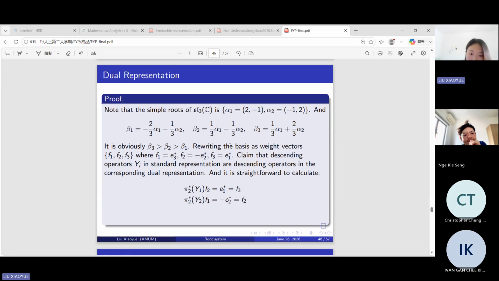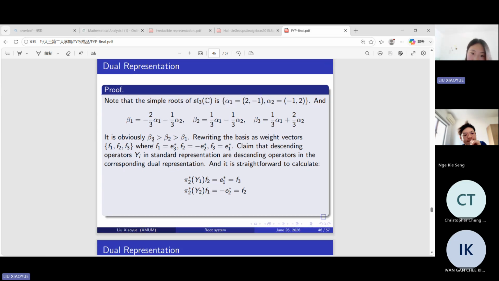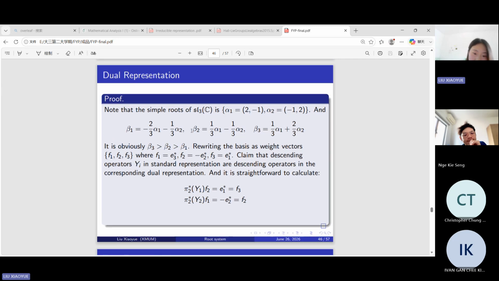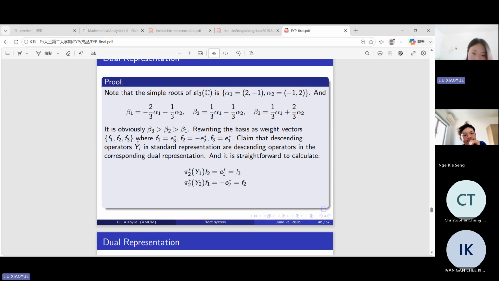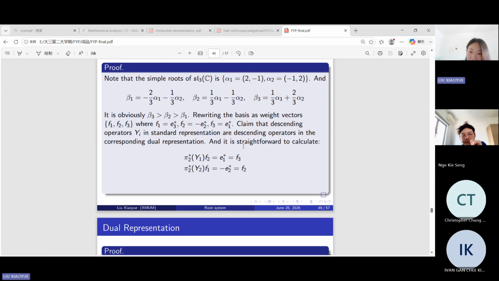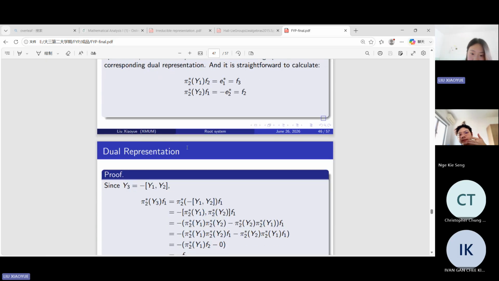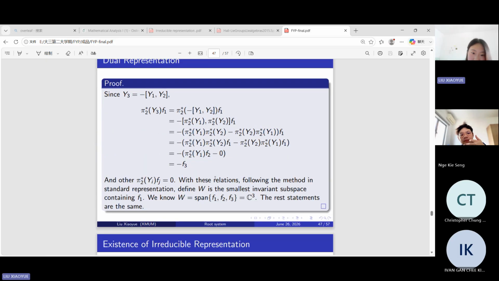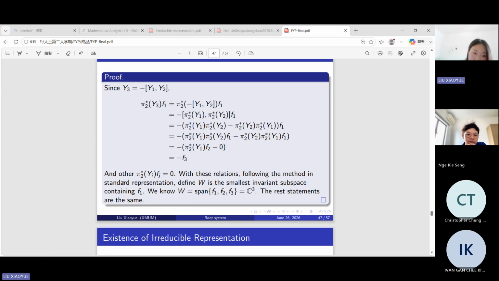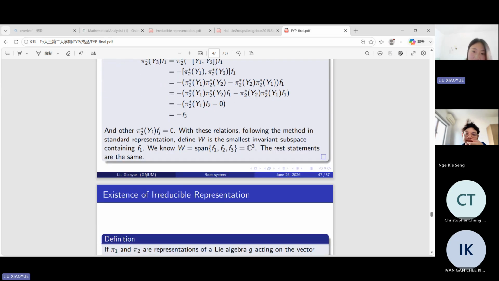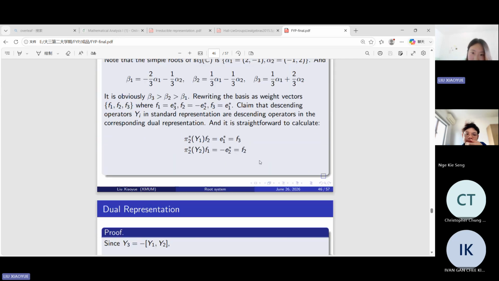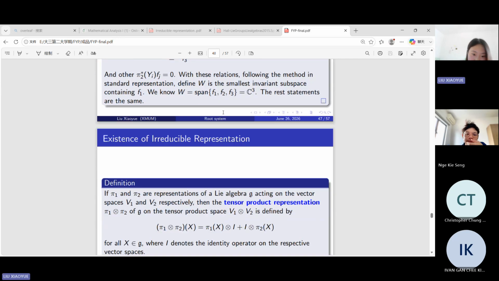Sorry, these are weights. We rewrite the basis as F1, F2, and F3, satisfying these relations, and then we can prove the descending operators Y1 in the standard representation are descending operators in the dual representation. Then with these relations and the same method of proof as in the standard representation, we know W is the smallest invariant subspace containing F1. So we can prove this statement.